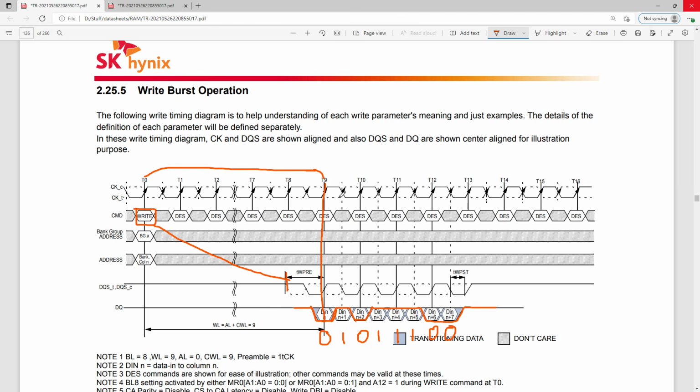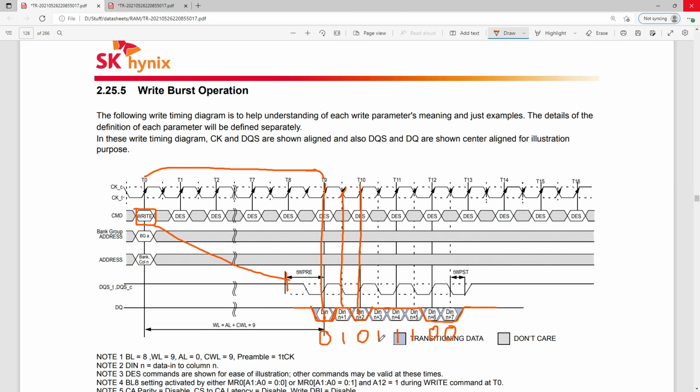Then at T9.5, which is our second clock edge, it takes a look at the data queue and sees that the voltage is now high, and it records a 1. Then at T10, it checks the voltage on the data queue, sees that it's low, records a 0.